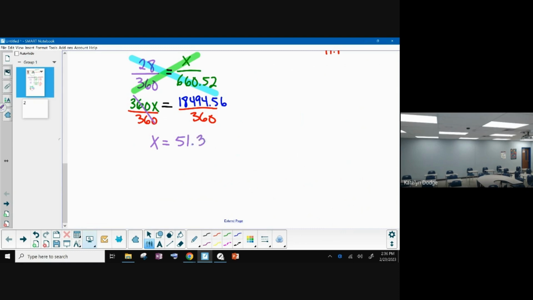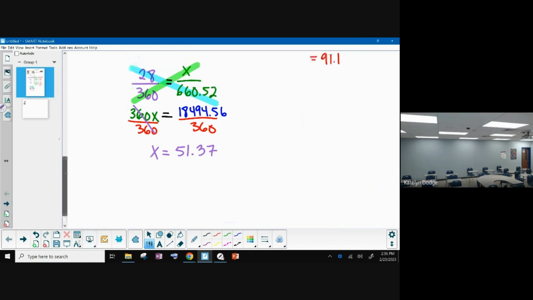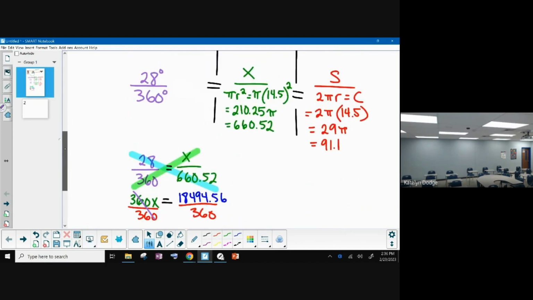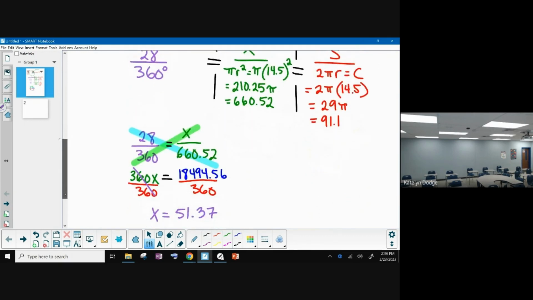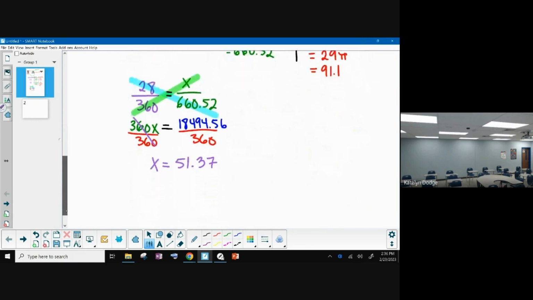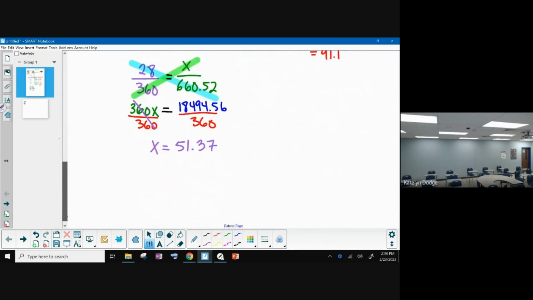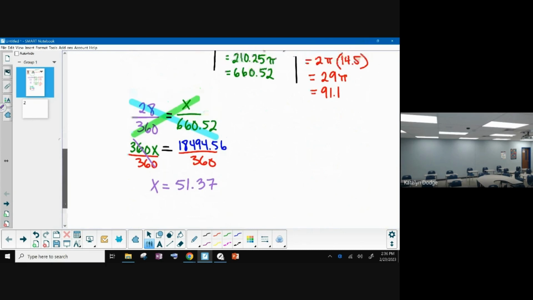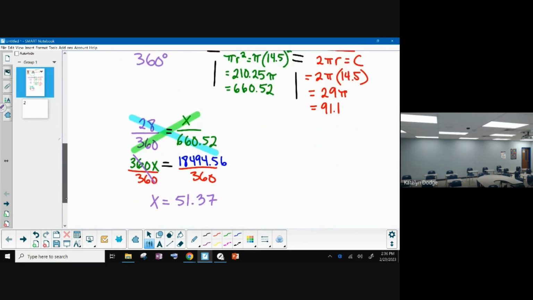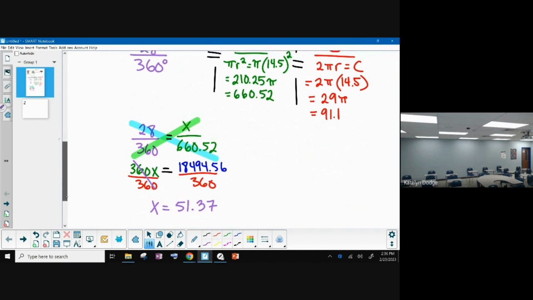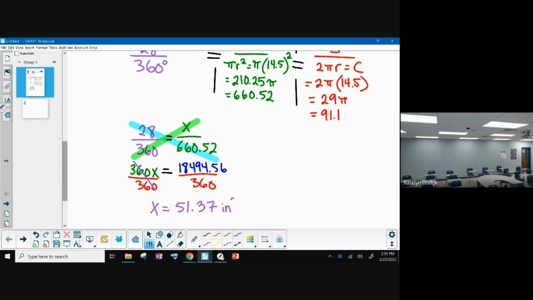Sometimes you won't be required to actually multiply by pi. So they might have left the area in terms of pi. They might have said 210.25 pi. And then you would have had your final answer left in terms of pi also. But I think when we're first learning this and we're not too familiar with circles and what pi represents, it's easier to visualize that the entire area now is 51.37 inches squared.